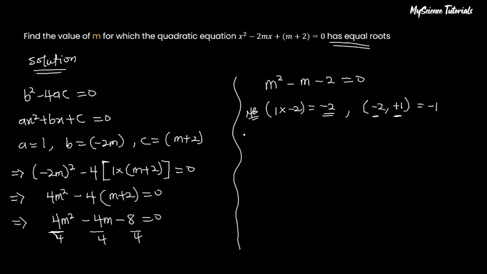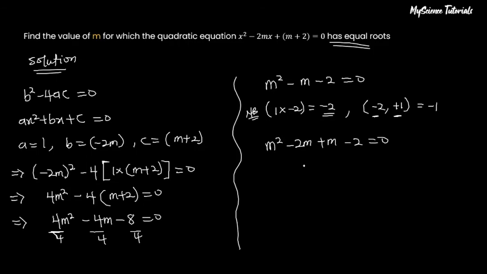So we have m squared, then minus 2m, then plus m, and that will give us the middle negative m, then minus 2 is equal to 0. We've not done anything to this equation, it is still the same because negative 2m plus m will give me negative m.